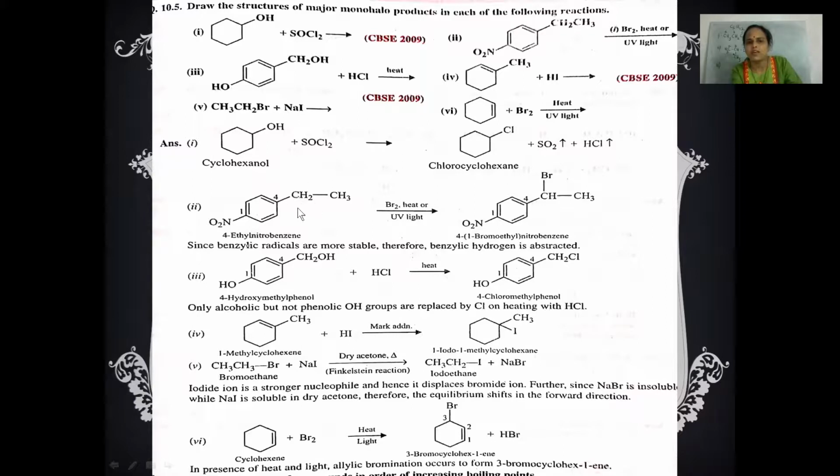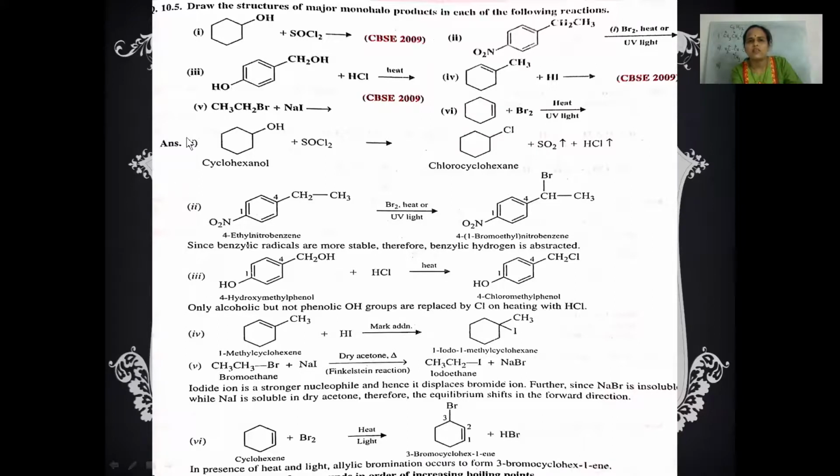This carbon, you see my arrow movement, is sp3 hybridized and is attached to the benzene ring. So the hydrogen of this carbon atom is abstracted, and bromine replaces it, forming 1-bromo-ethyl nitrobenzene.